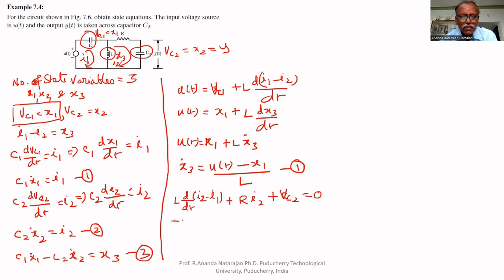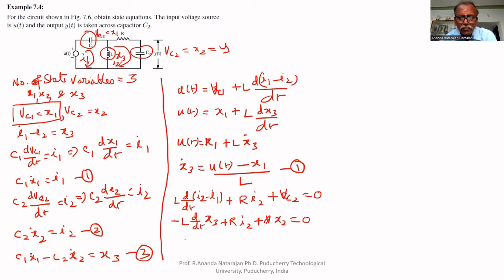So minus L d by dt of x3, because I1 minus I2 is x3. That's why I2 minus I1 becomes minus L d by dt of x3, plus R I2 plus VC2. VC2 equal to what? x2, equal to 0.